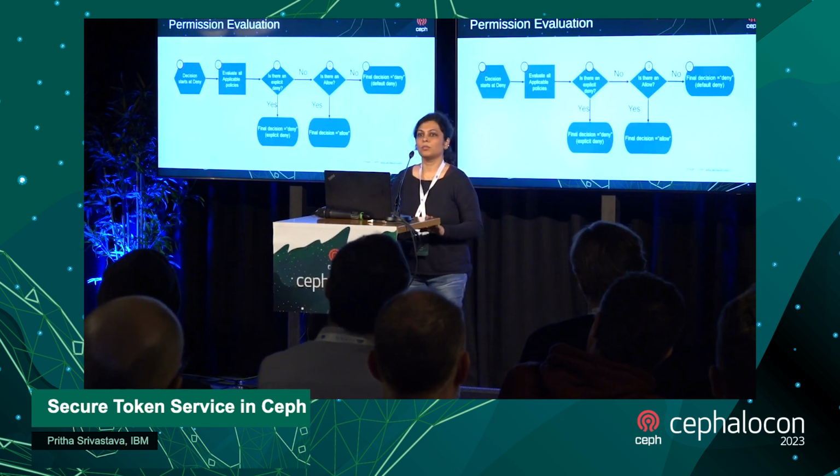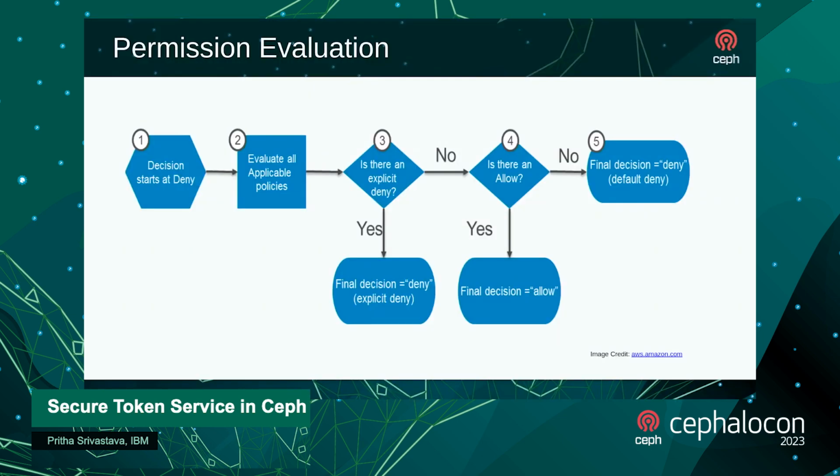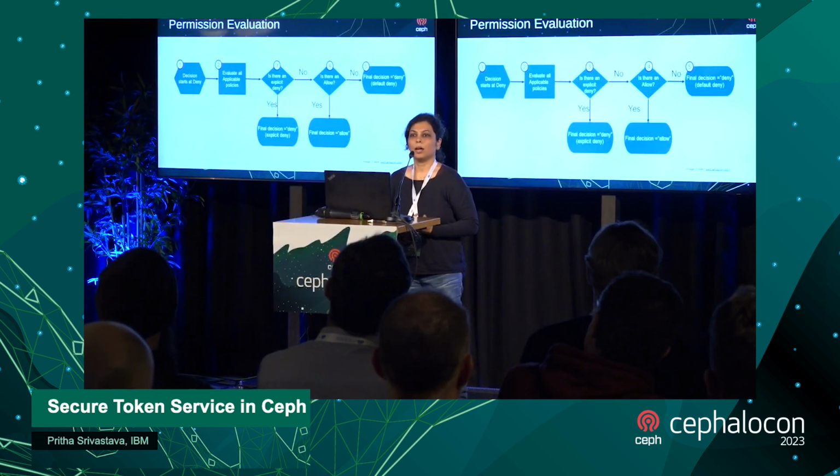So this is a flowchart of how we evaluate permissions in RGW based on different kinds of identity and resource policies. This is based on AWS STS. The default result is always a deny. We take into consideration all the user policies, the role permission policy, and then also the bucket policies.